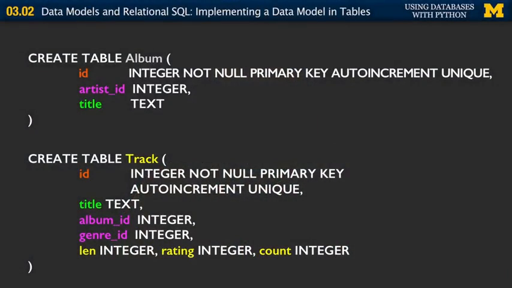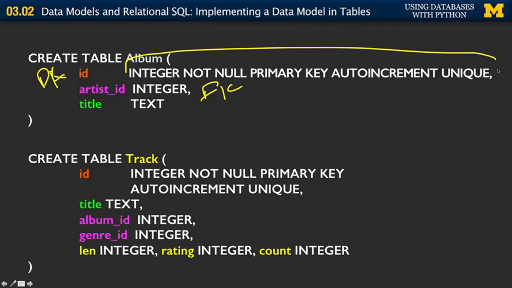So now we're going to create the album table. The thing that's different about the album table is that it is our first example of a foreign key. So this is our foreign key. We've been putting primary keys in every table. For the primary key, pretty much just say this over and over: this long integer, not null, primary key, auto increment, unique. Now we're going to have a foreign key, which is the start of an arrow pointing to a primary key.